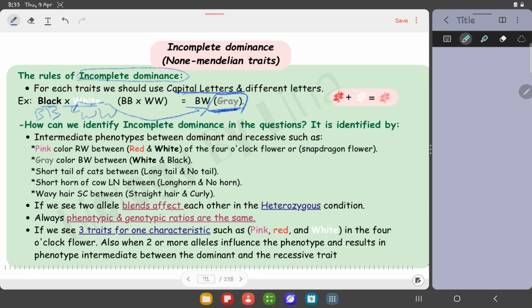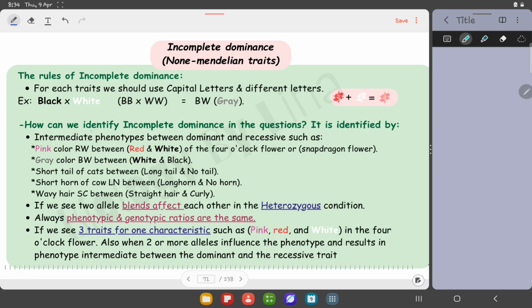That's why it's incomplete dominance. And because it's incomplete dominance, the black will be BB and the white will be WW. And we cross both of them, we will get BW, for example.